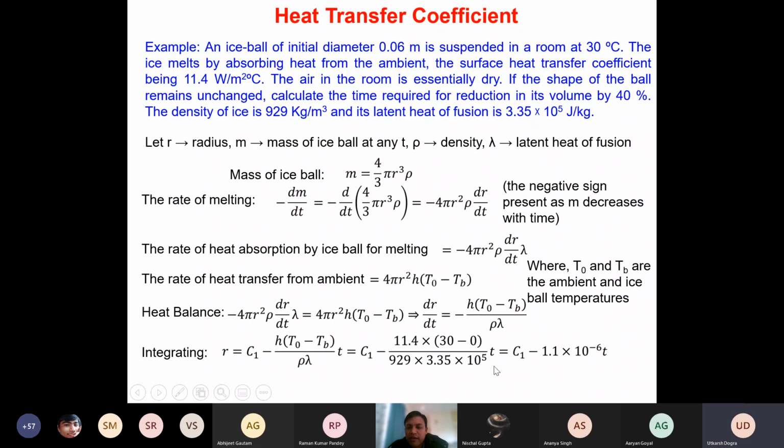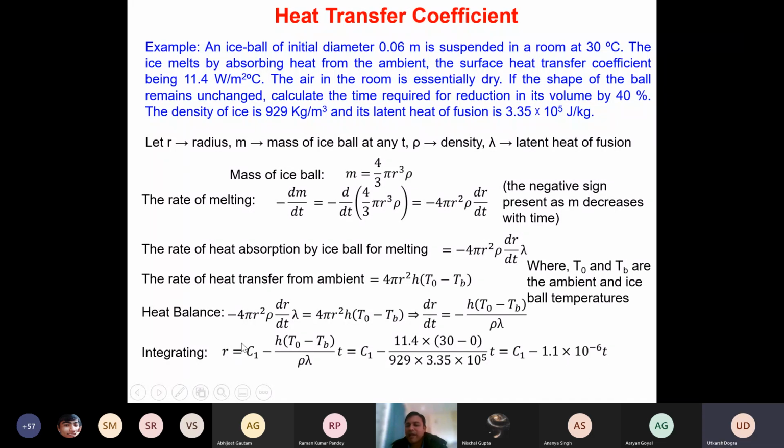So by putting everything, the generalized equation is R equals C1 minus 1.1 times 10 raised to power minus 6 t, where C1 is the integration constant. Now for different values of R, I will get different t.